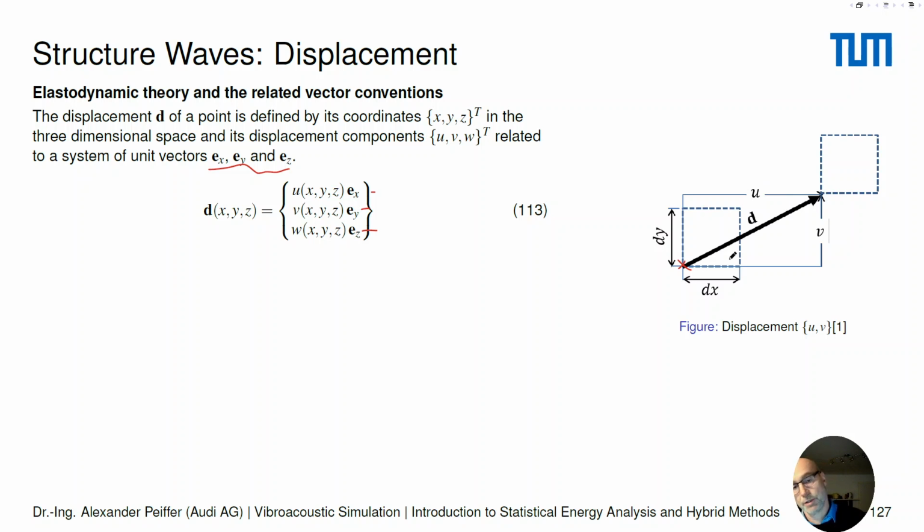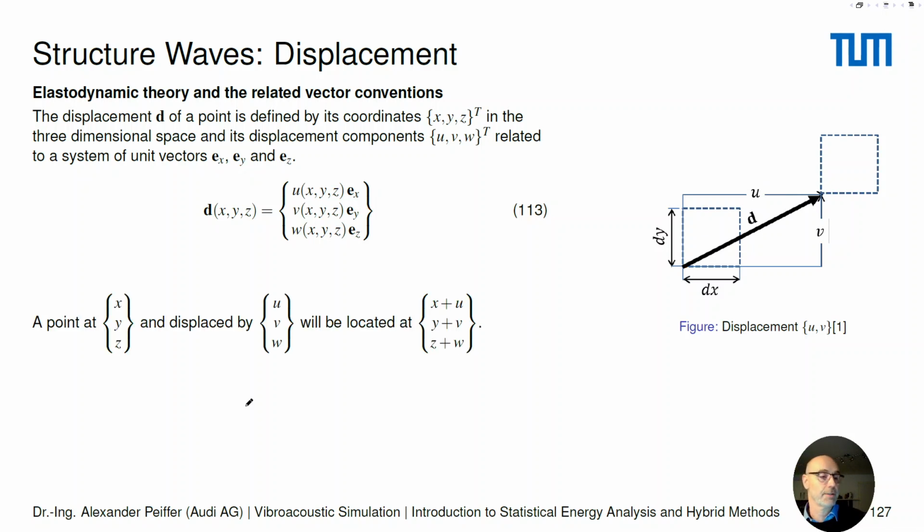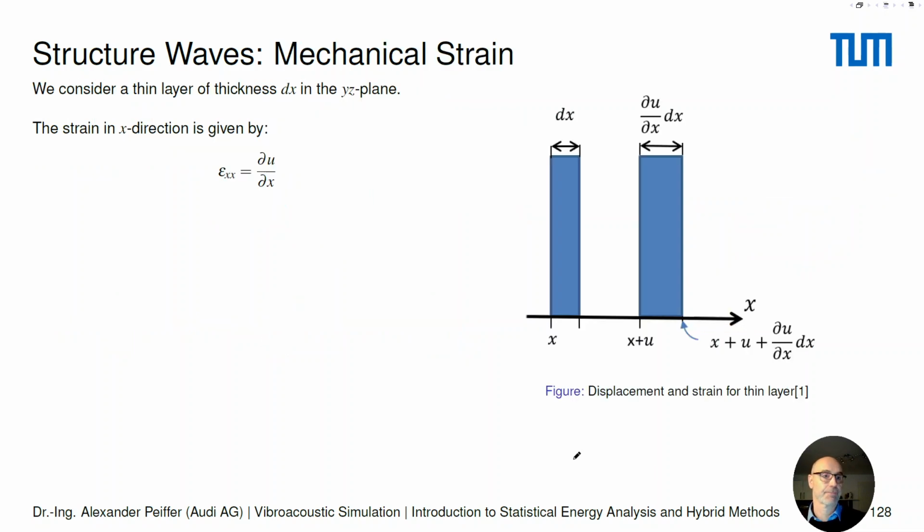It's shifted to a new position, and this new position is denoted by x plus u, y plus v, and z plus w. This is something that you always have to keep in mind. If you talk about those coefficients, we're never talking about the location. We're always talking about displacement if u, v, and w are used.